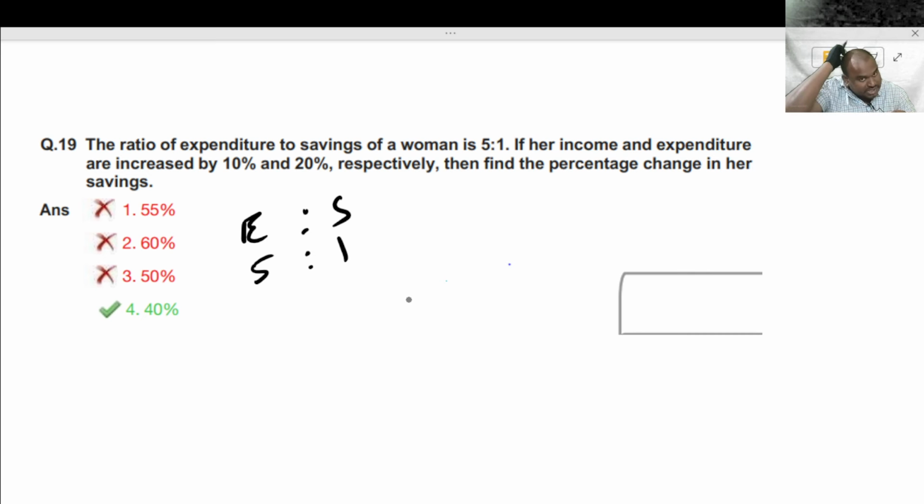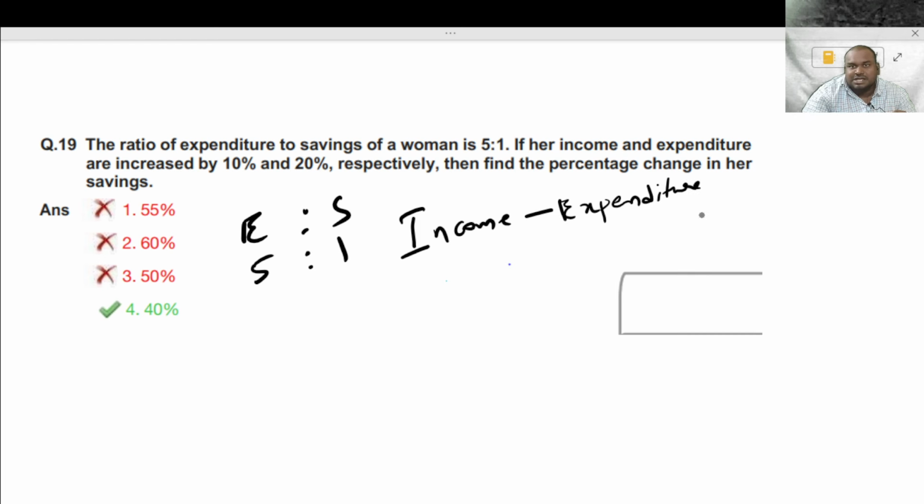So we should find the relation between expenditure, income, and saving. First, you will get income. Once you get income, you will spend it. That is expenditure. So spending is to be subtracted from income. Then only you can save, right? So it means income minus expenditure is equal to saving.